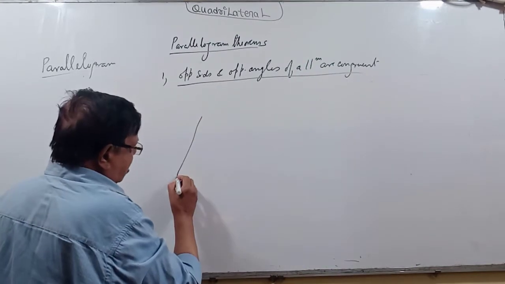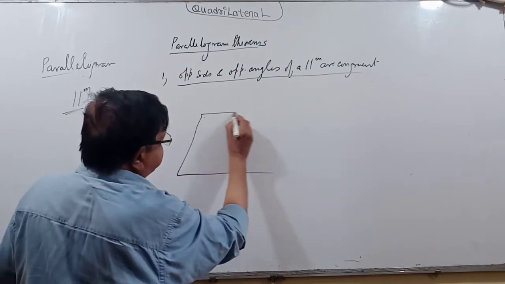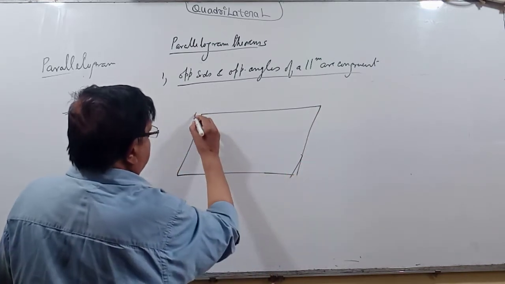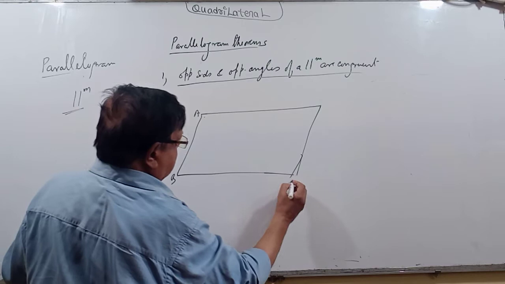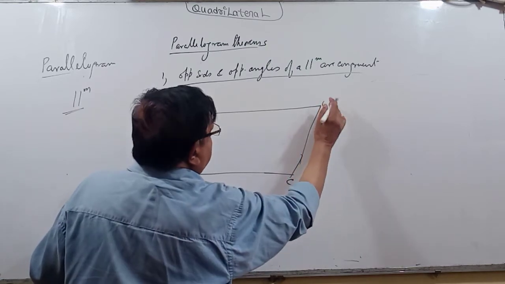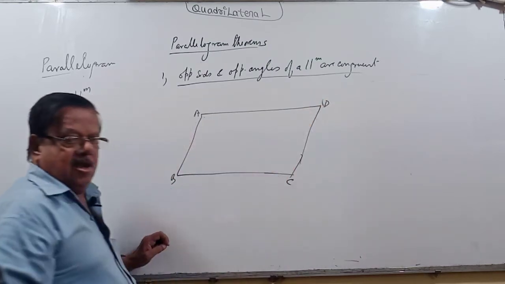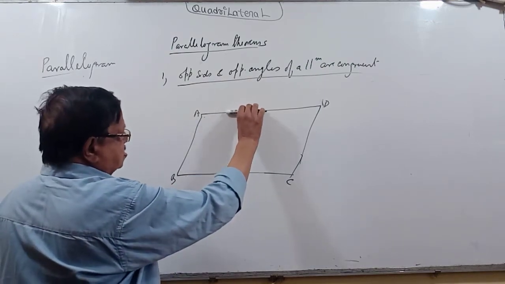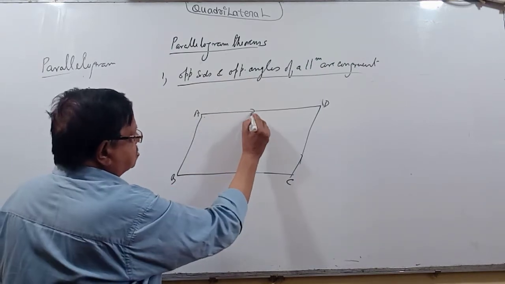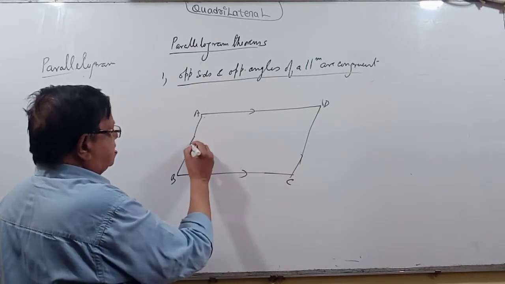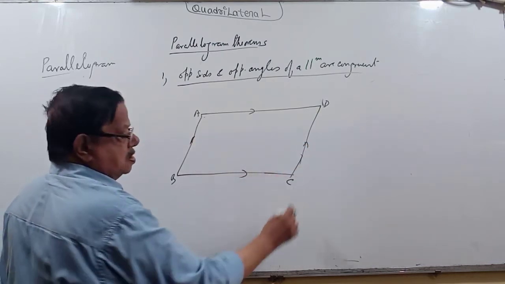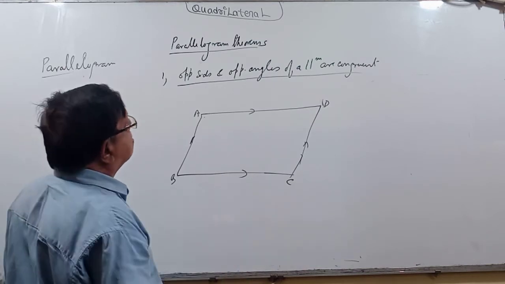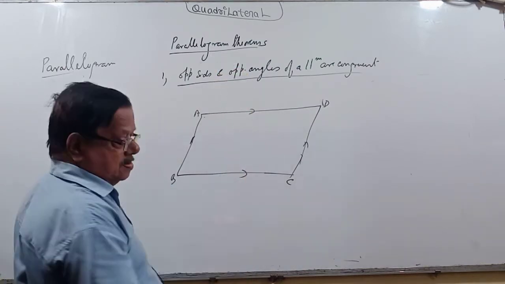If there is a parallelogram, suppose I give you that ABCD is a parallelogram. I gave you this, this is a parallelogram, meaning this is parallel to this and this is parallel to this. Then what does this theorem say?